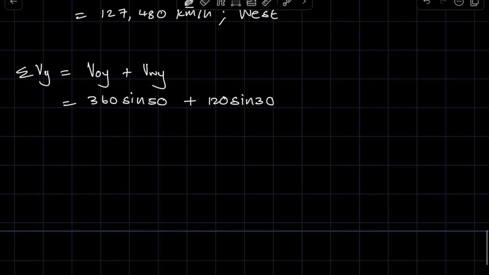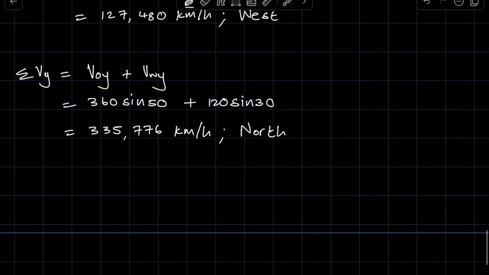If you punch this in your calculators, you're going to get 335.776 kilometers per hour. Because it's positive and we're looking at the sum of vectors in the y direction, that is an indication that this is going north.